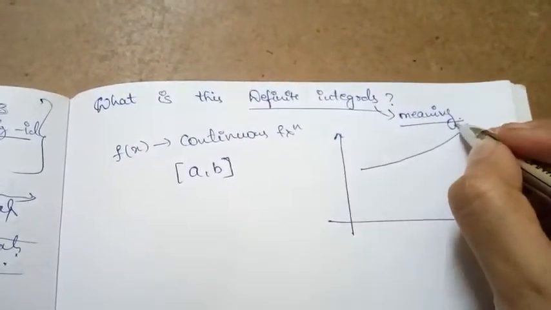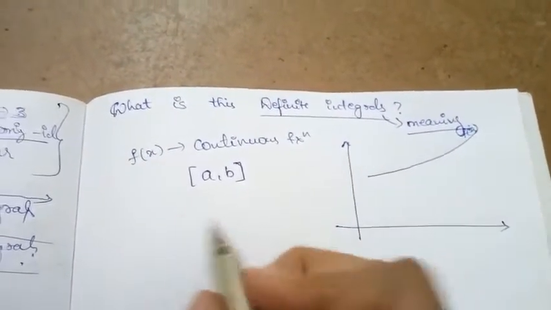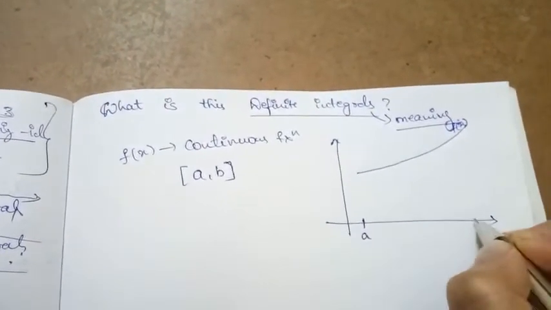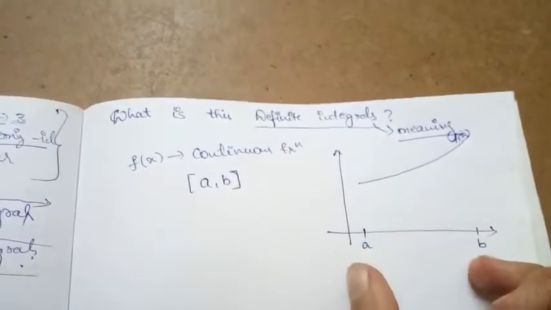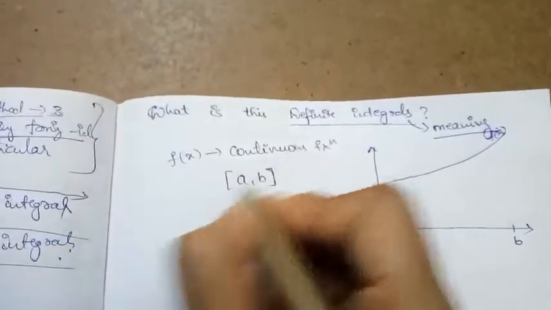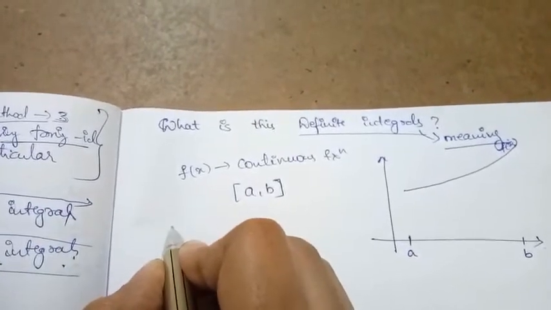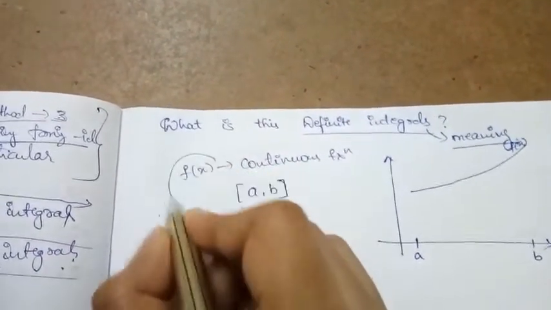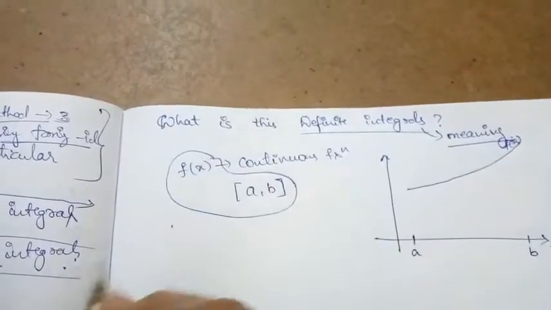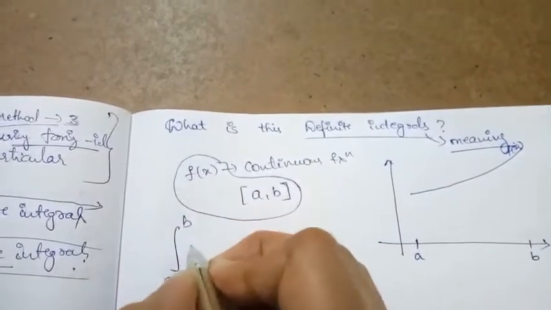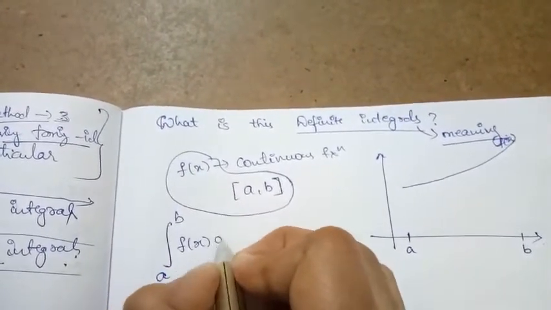Suppose this is our function f(x) upon the closed interval, suppose this is our a and this is our b. Then how are we going to denote the definite integral of the function f(x) on the closed interval [a, b]? That is the integral from a to b of f(x) dx.